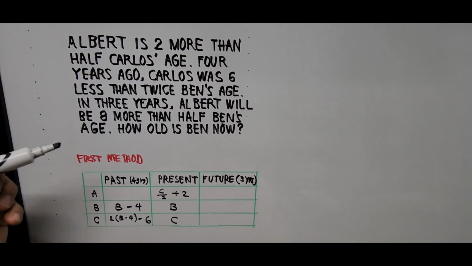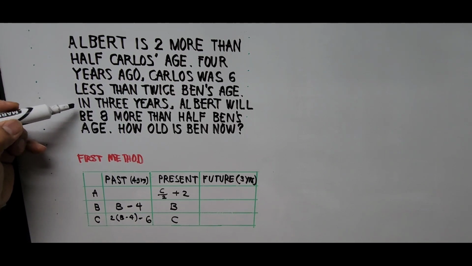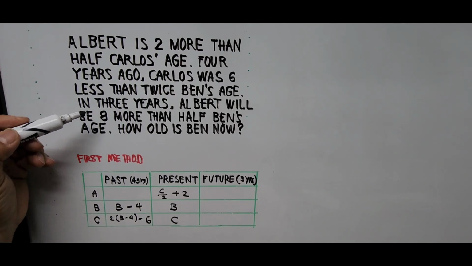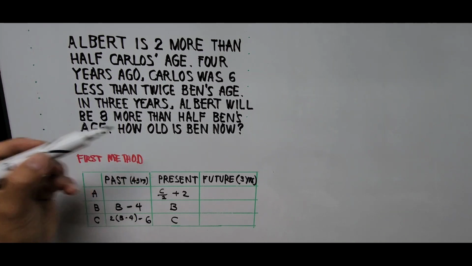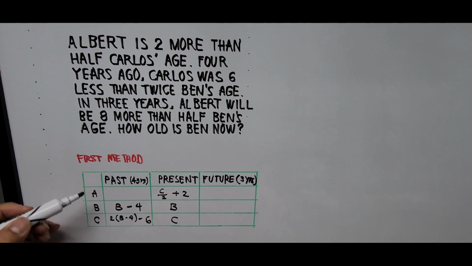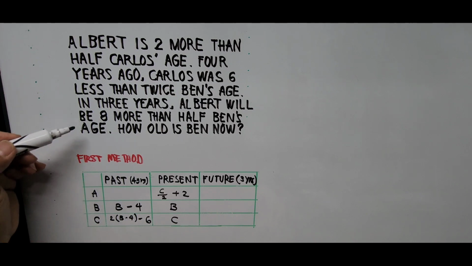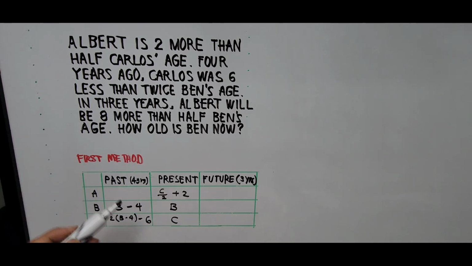Now, on the third sentence, it says in 3 years. That means it is about the future. So 3 years into the future, Albert will be 8 more than half Ben's age. So we're talking about Albert's age in 3 years. Ben's age in 3 years is B plus 3.